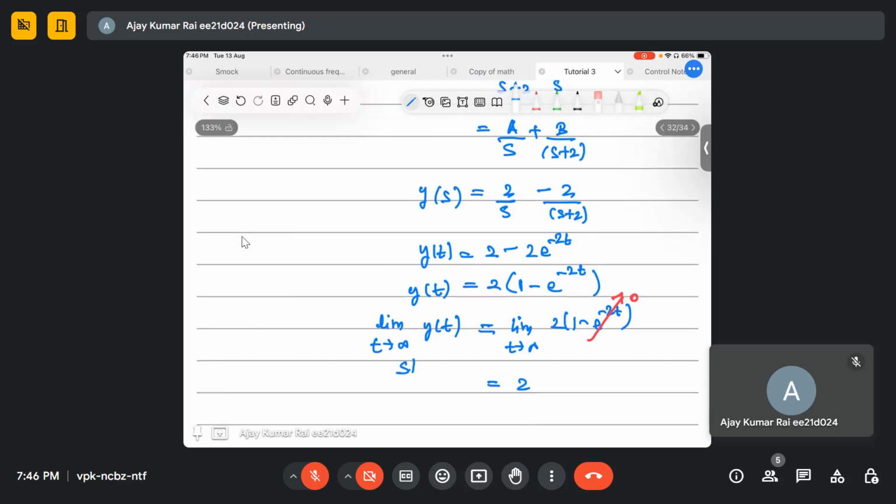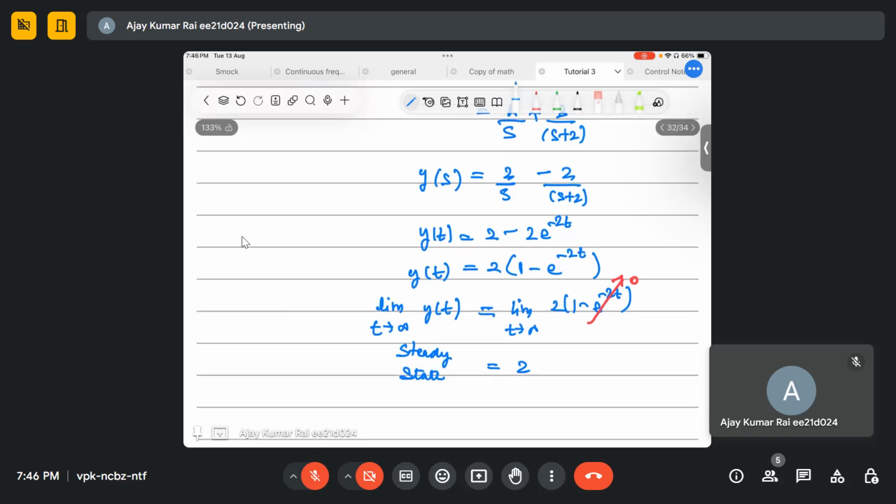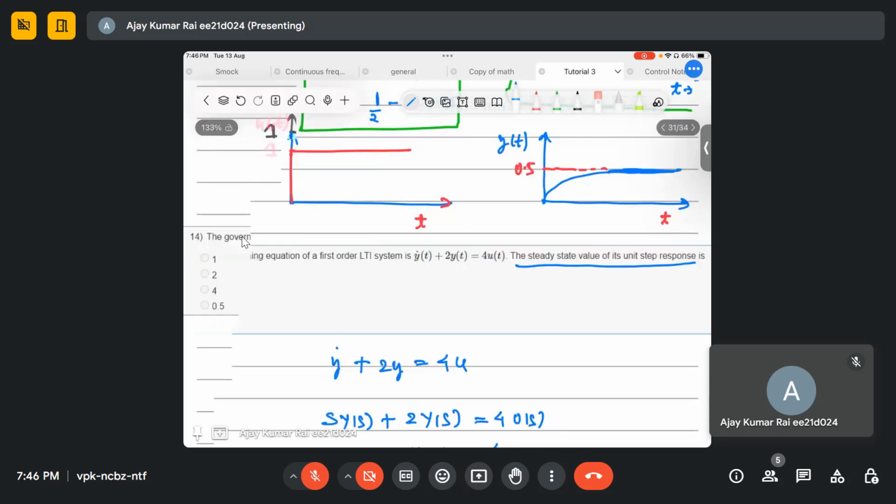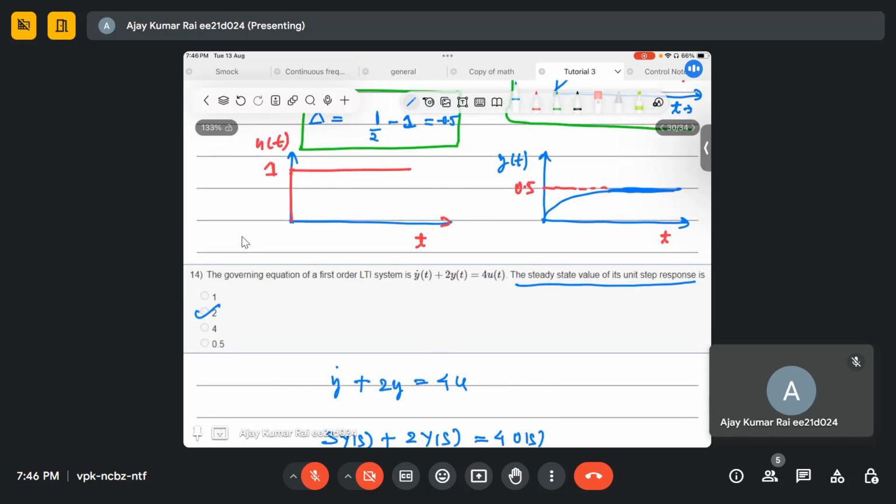So this is the steady state value, right? In this tutorial session itself, many times we have calculated this steady state value. So the answer is 2, so the second option is correct.